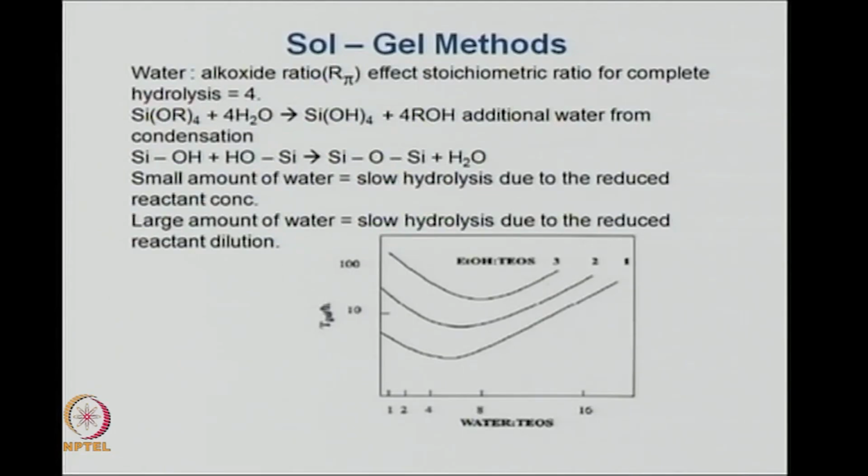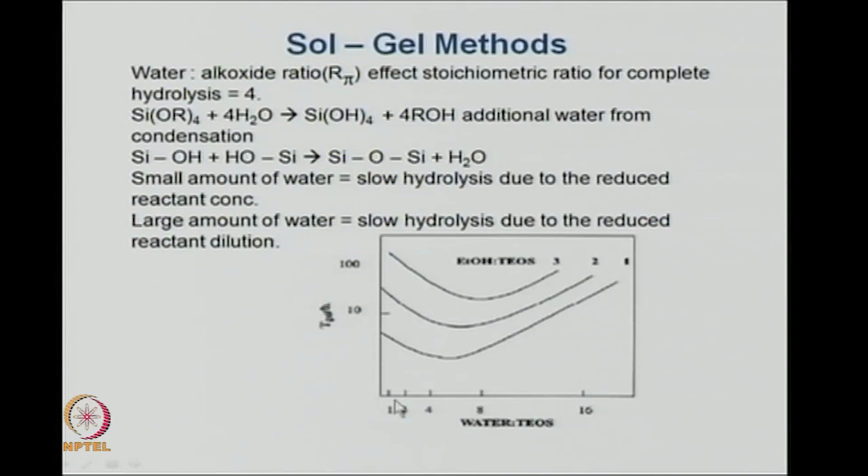Now, this also we discussed, that the amount of water and the alkoxide group matter. The rates depend on the ratio of water to the alkoxide group, and you can see that there is some minimum at a certain concentration. So, you can have large rates of hydrolysis or slow rates of hydrolysis.